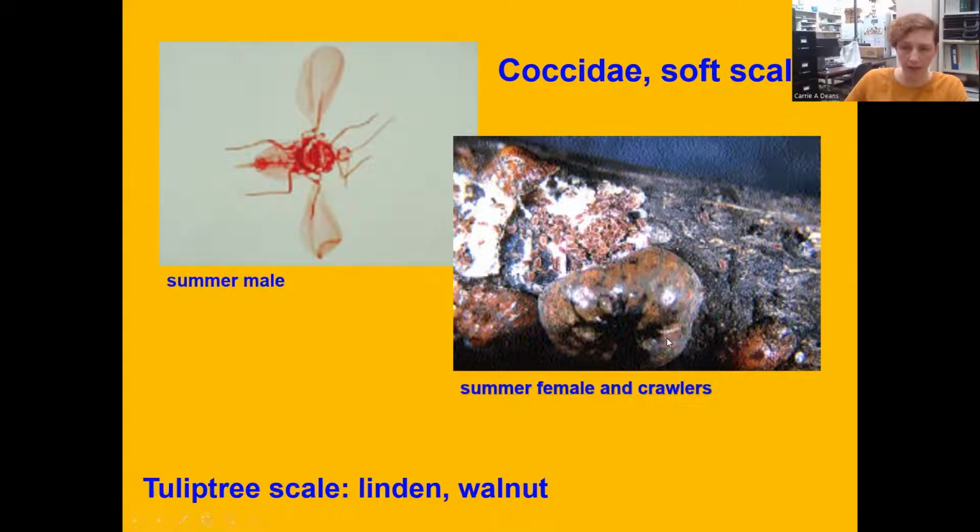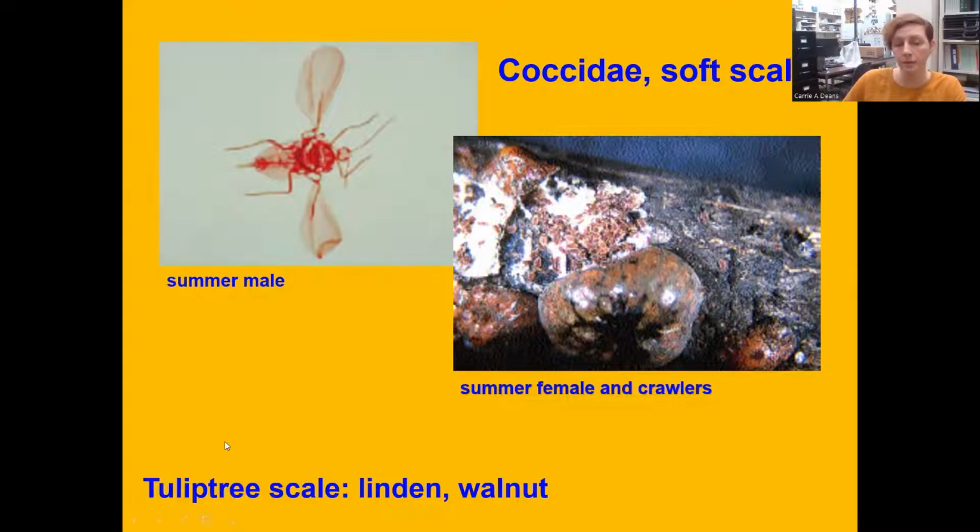They tend to be very oval or round in shape, and they have a waxy covering that covers the insect itself. So you can't really see the body of the insect in a classic way. What you end up seeing is this shell that covers over the female.